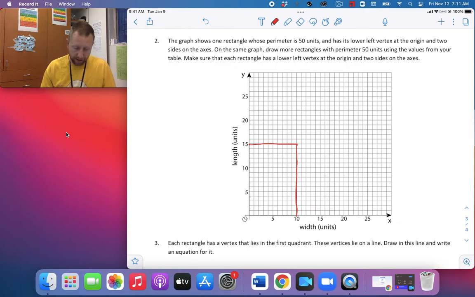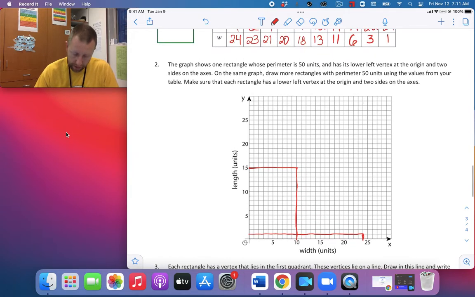So our first one was a length of 1 and a width of 24. Length of 1 and a width of 24 looks like that, right? A very thin rectangle, but it's very wide. So the next one that we had was 2 and 23. Is that right?